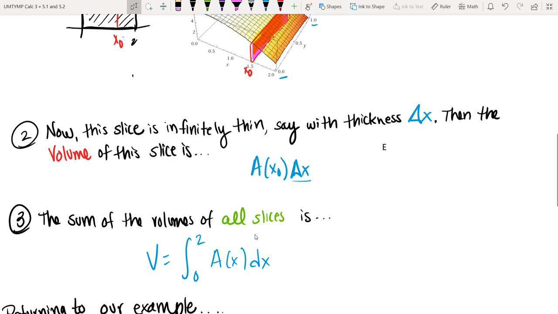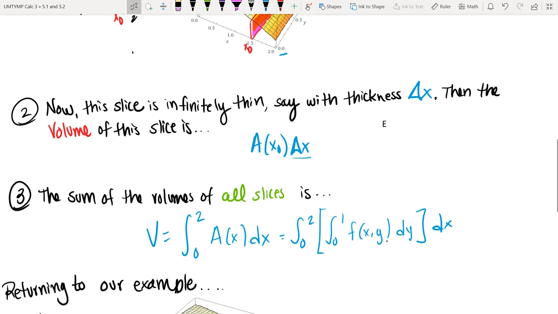I'm moving that slice through all possible values of x. So I get the integral from 0 to 2 of the integral from 0 to 1 of f of x, y. I'm not inserting x0 here because x is actually changing as well on the outer integral. That's how I can find the volume of my figure.